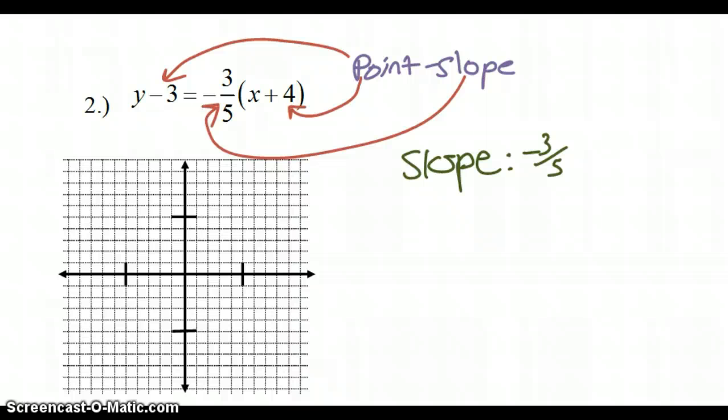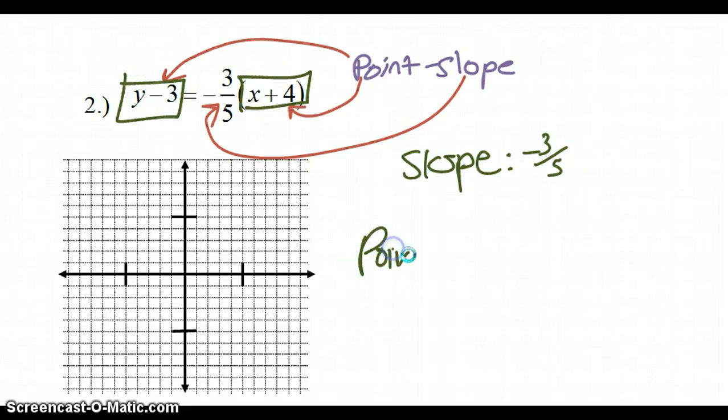There is one point that is given to us basically from this format, and that point can be found by looking right here and right here. So the x-coordinate of that point comes from this area over here.